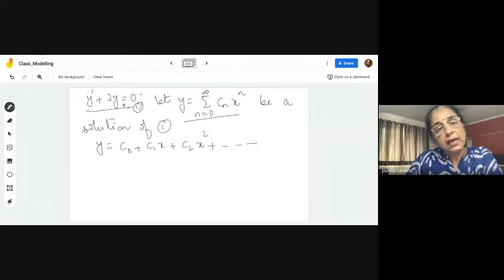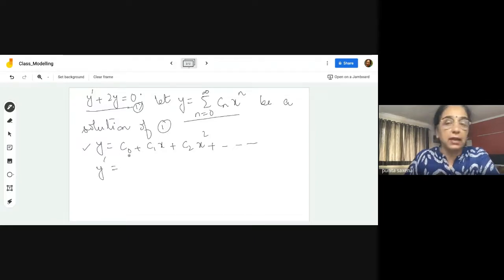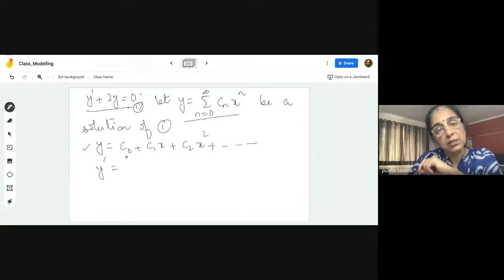Now, when it satisfies, that means with this as y, I can find my y dash, which will be nothing but the derivative of this power series. And we discussed in the last class that the derivative of a power series means term-wise differentiation of that power series. Okay. So your y dash is going to be c1 plus 2c2x and so on and so forth. Okay.